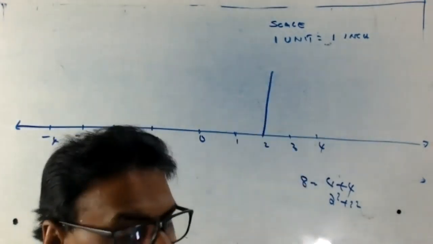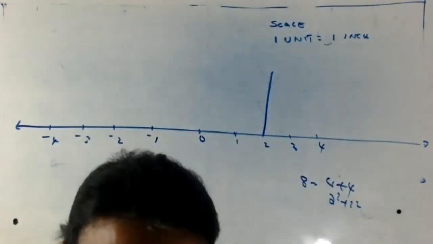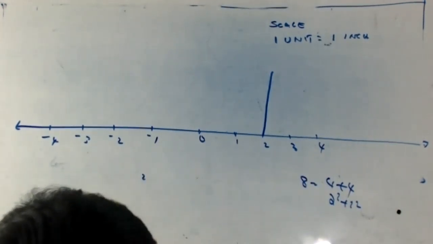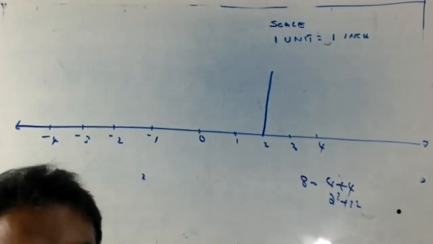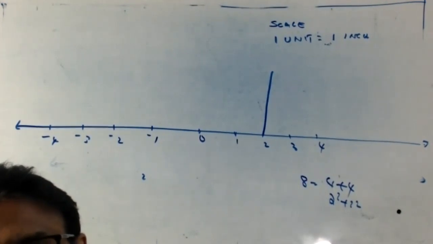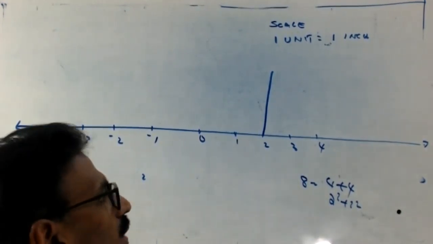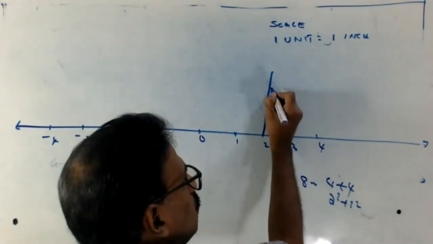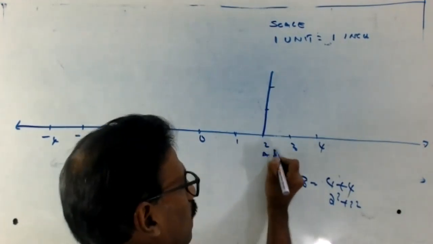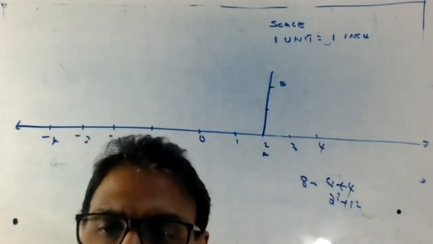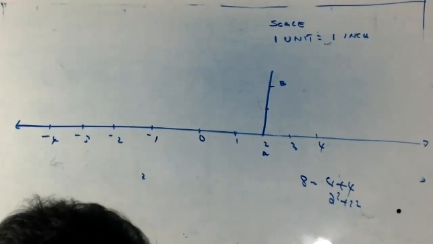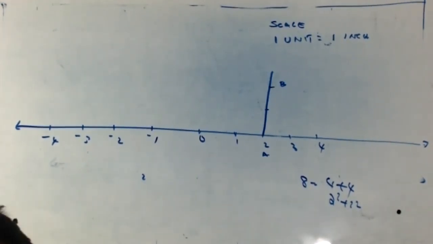This perpendicular line depends on your school. If you are using a protractor, fine. If you are using a compass, use that. That depends on the school. Here 1, 2. So this is A, this is B. Up to here, okay or not? Anyone have a doubt up to here? Come on, anyone have a doubt? Okay.